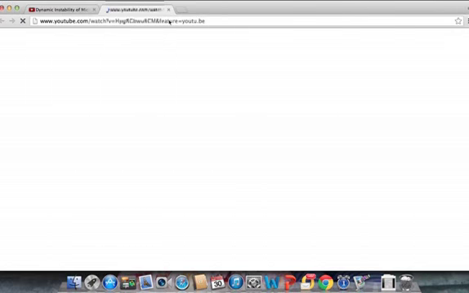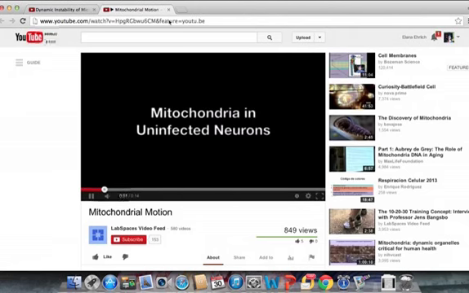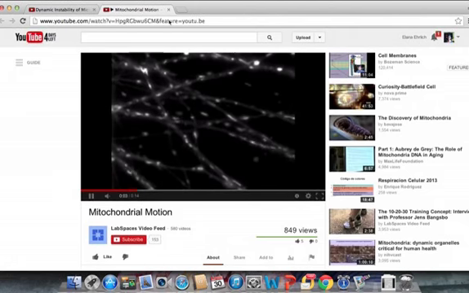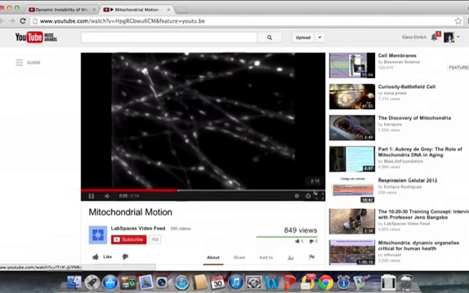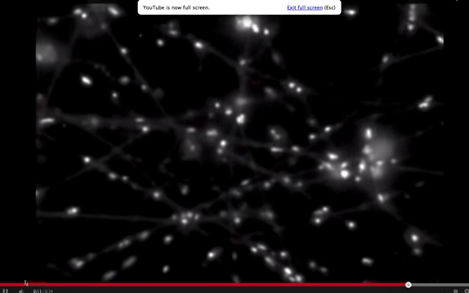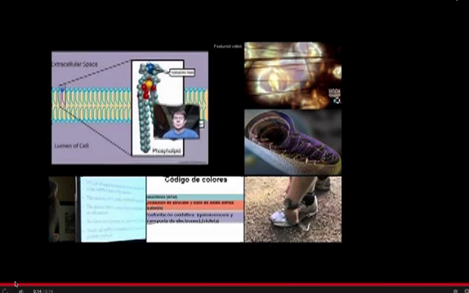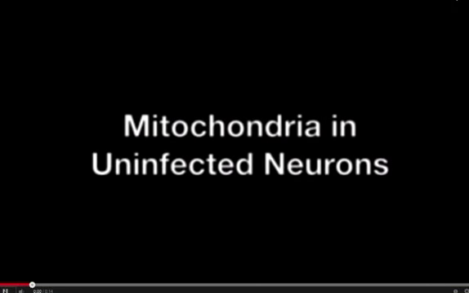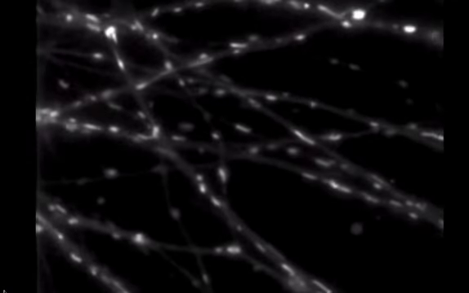Okay, so this is showing mitochondria. That one is rabies virus infected, and rabies virus actually inhibits the movement. But let's replay it once more. So this is an uninfected neuron. Do you see them moving around?